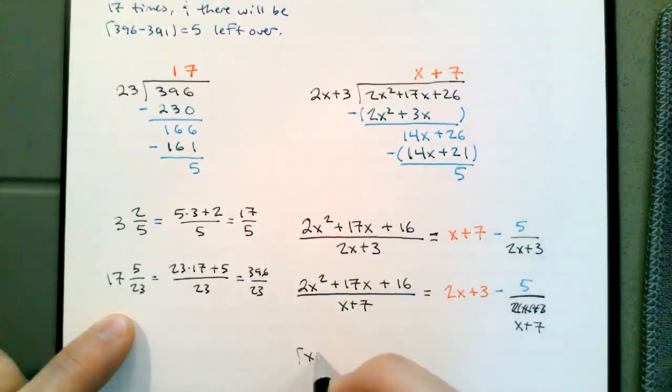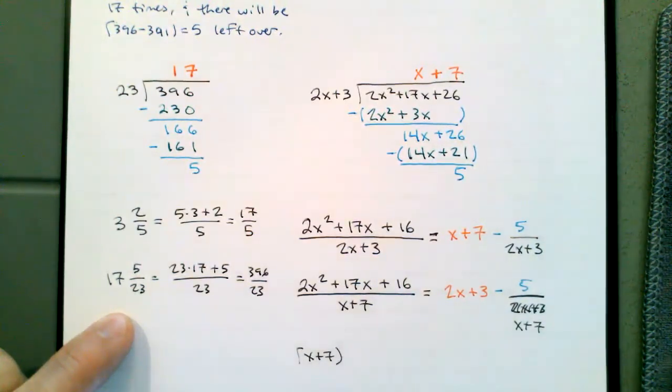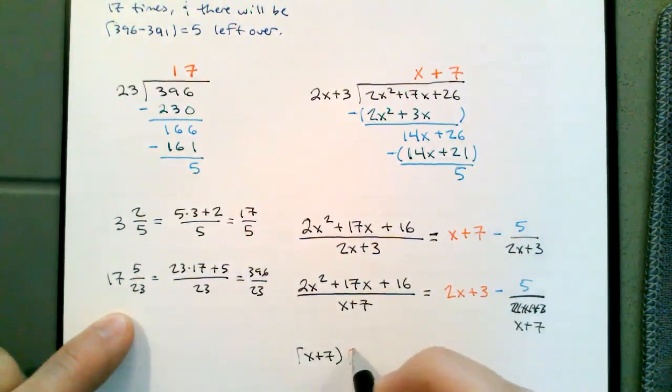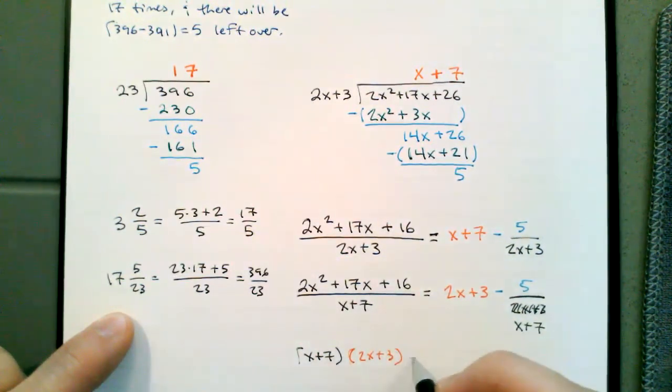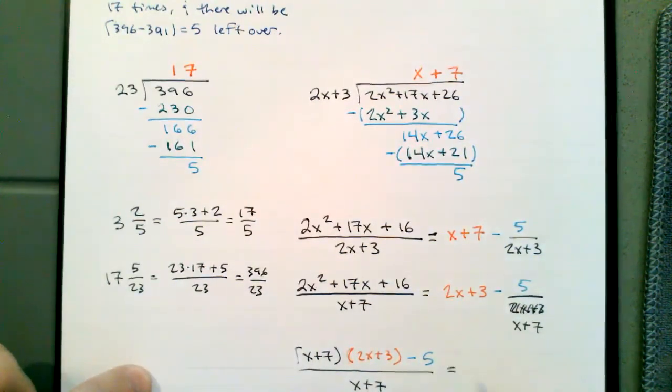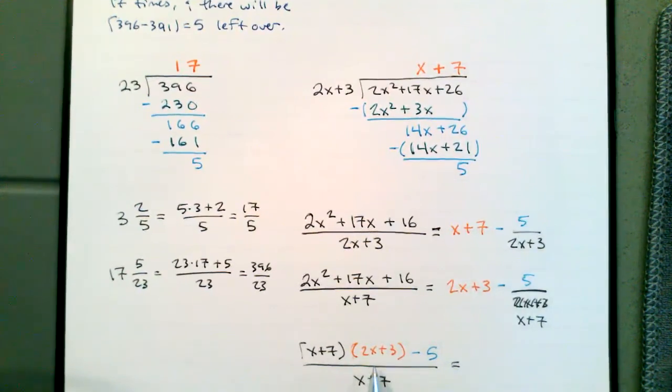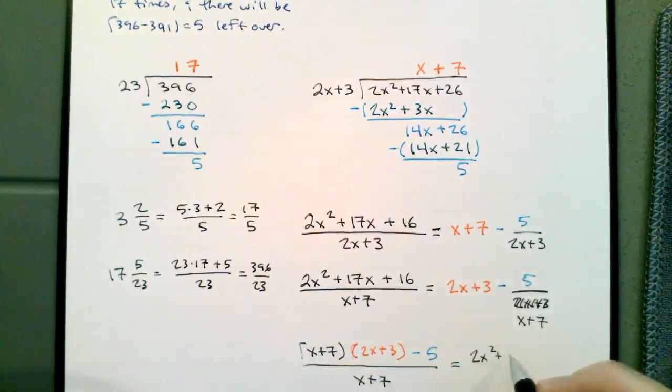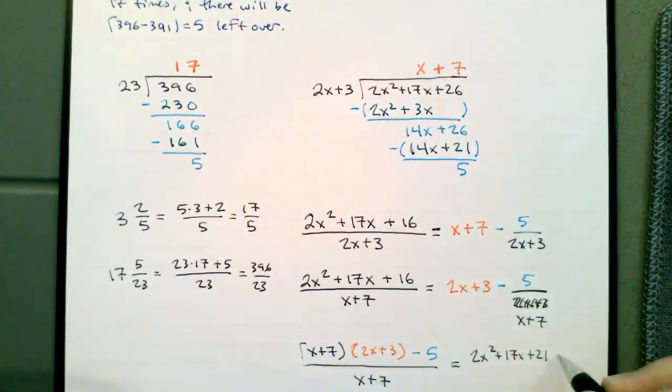So if I take x plus 7 and multiply by the 2x plus 3, and then subtract the 5, this will be the improper fraction over the x plus 7. X plus 7 times 2x plus 3 we know is 2x squared plus 17x plus 21. And then we subtract 5, and that gives us the 16.